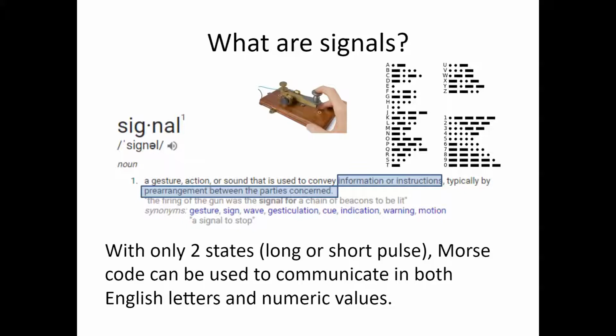There's a picture of Morse code on the top right. Morse code is what sailors used to communicate with each other through those submarine telescope looking things.